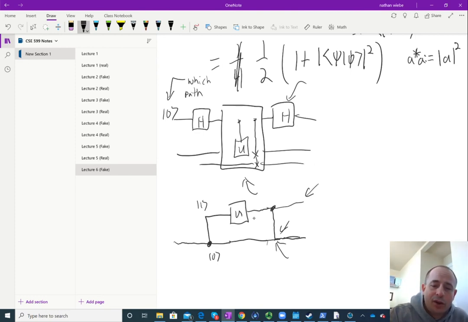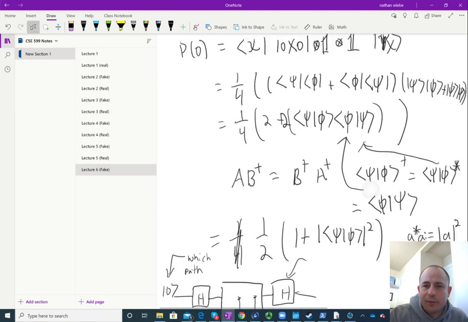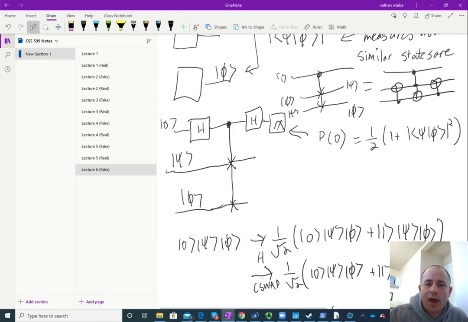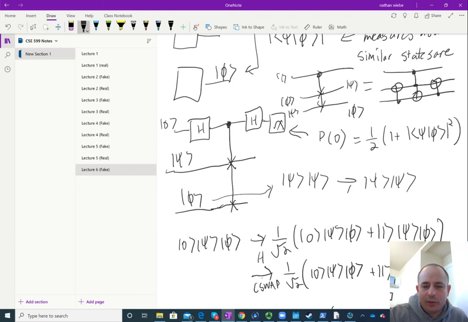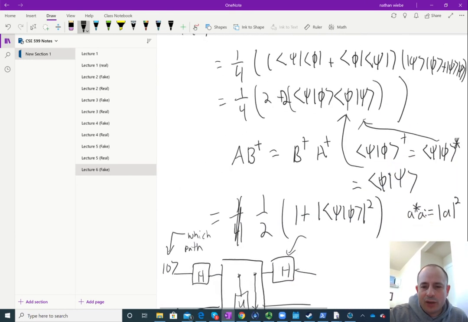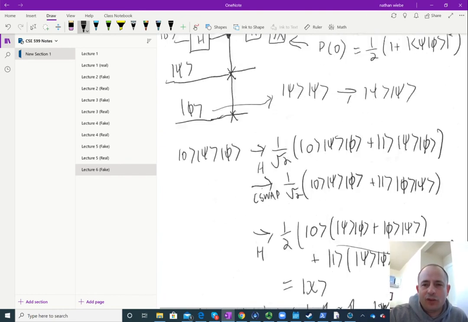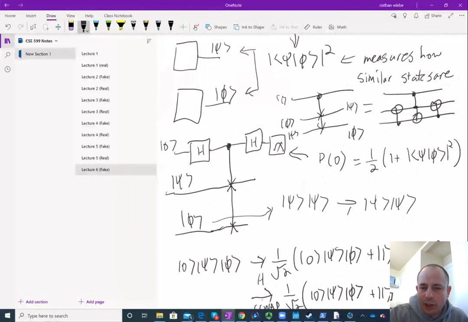The similar sort of thing ends up happening if we have a controlled swap operation inside here. We again now are comparing the case where we're swapping the two states. In the event that they're exactly the same, well, the circuit, you can see for the swap test, will do absolutely nothing, right? Because if we have two copies of phi, we have psi, and swapping, well, we'll just give you psi again. So in that case, this circuit really boils down to nothing, and the difference between the two really ends up coming about only from the extent to which these two states are different.